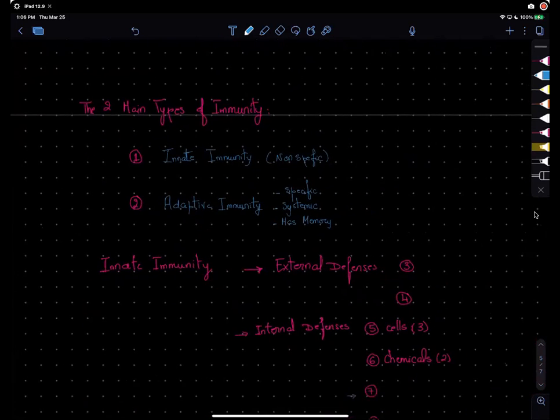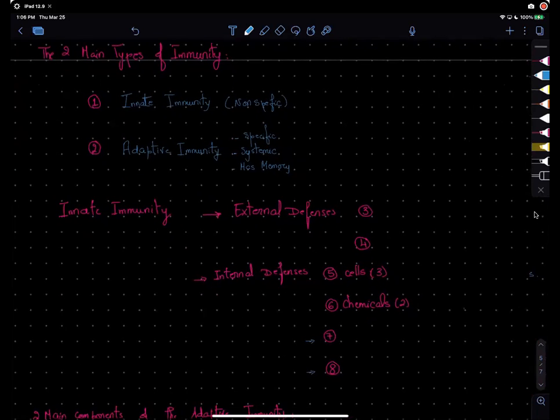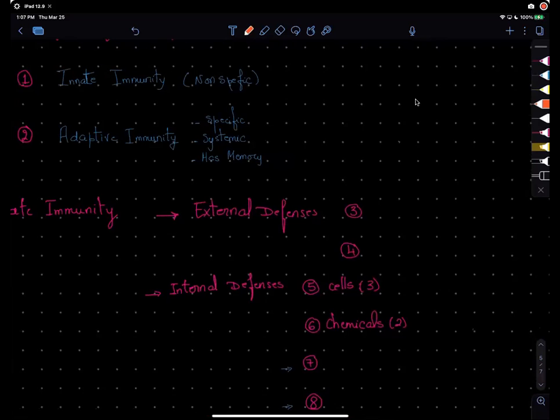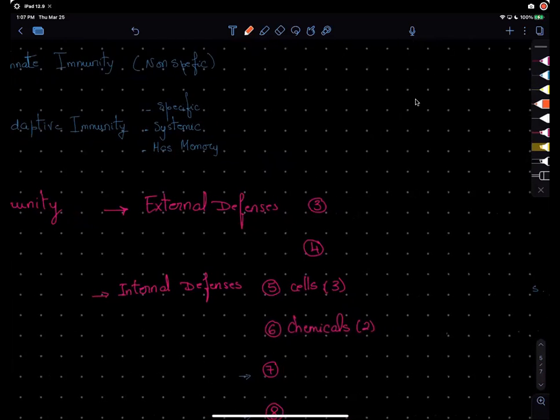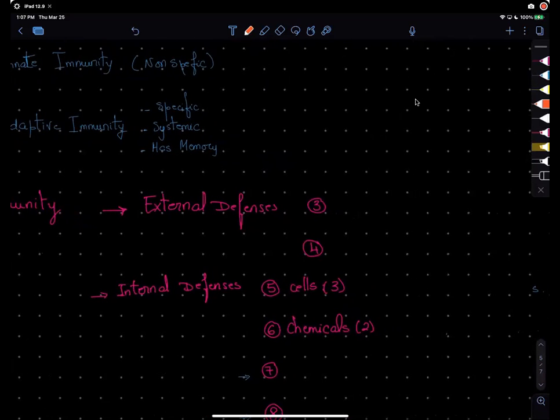So when I look at the innate immunity, I will see that it is going to be divided into two sets of immune defenses. I have external defenses and internal defenses. What are the two main components of the external defenses of your innate immunity?